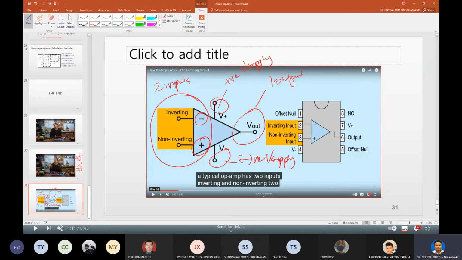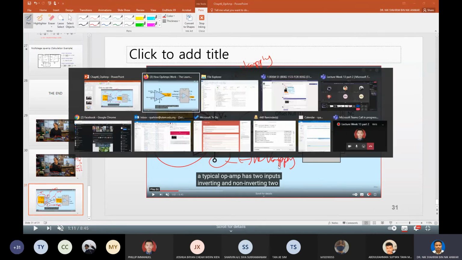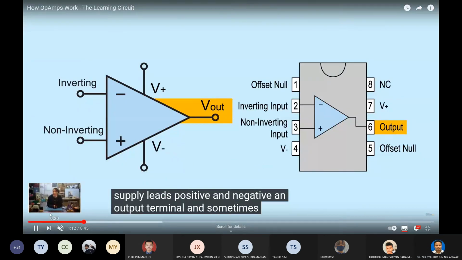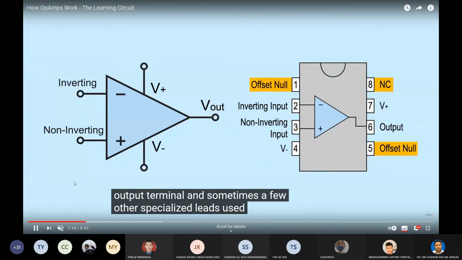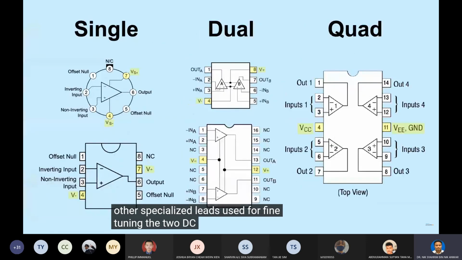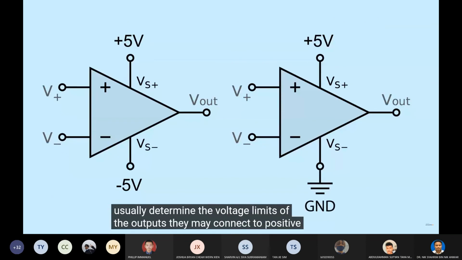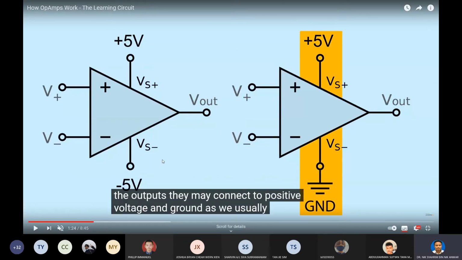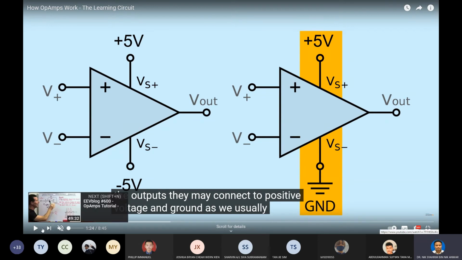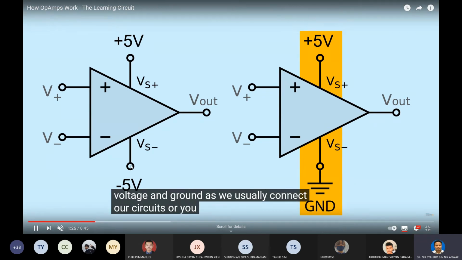Okay, so you have to supply voltage to the op-amp in order for it to work, and the other inputs are normally just for fine tuning. So for the voltage supply, you can either connect it to positive and negative, or also connect it to positive and ground. Okay, so this is the difference between these two settings.